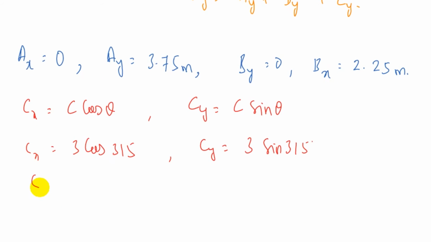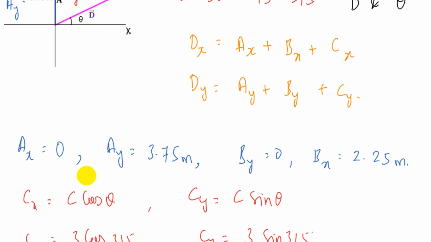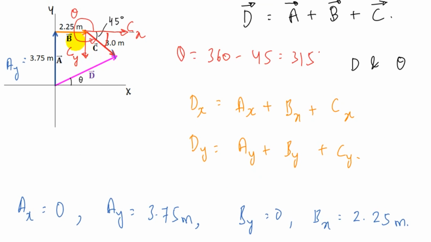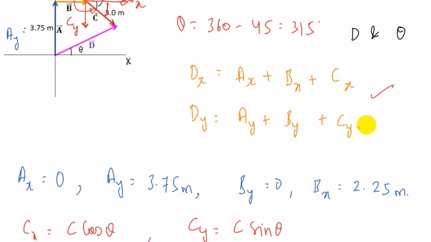So from here the value of cx comes out to be as 2.12 meter, and cy is minus 2.12 meter. And why this is negative? Because it is along the negative y direction. Okay, now we have obtained all the values, we can plug it here.